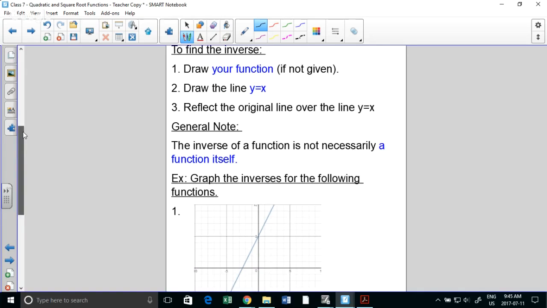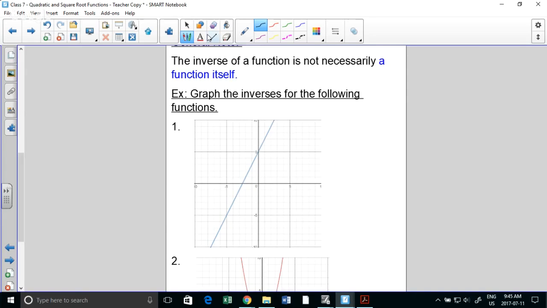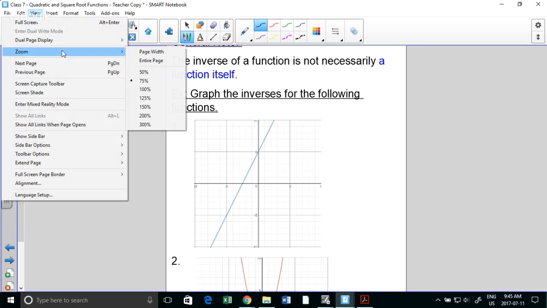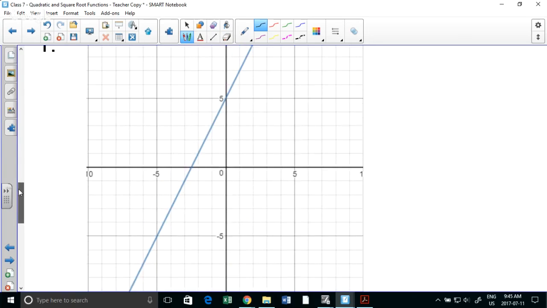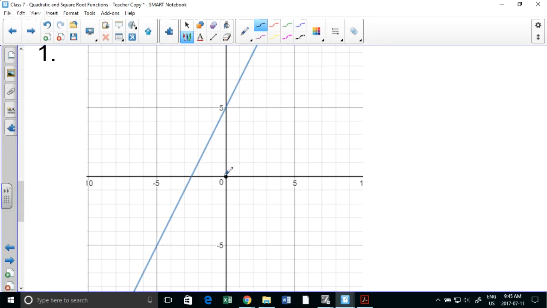So graphically speaking, I'm going to put this full screen again. You're taking this line and you're reflecting over it.